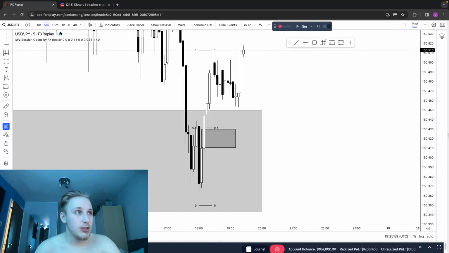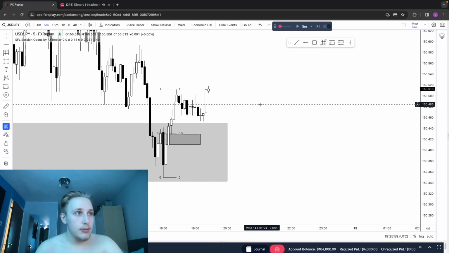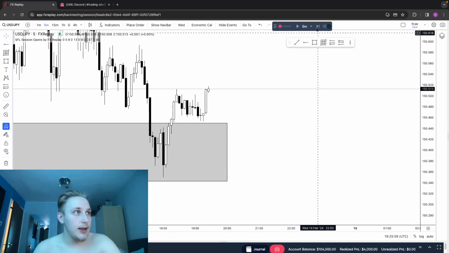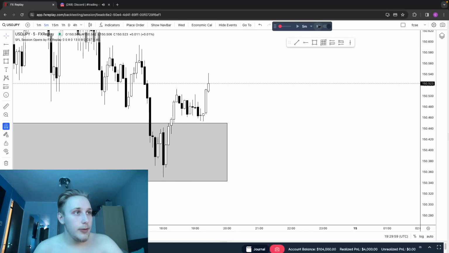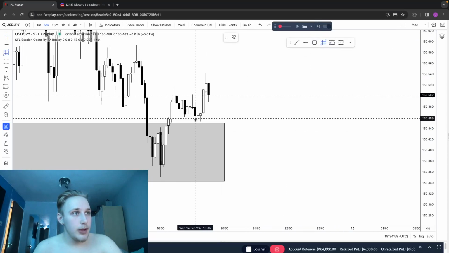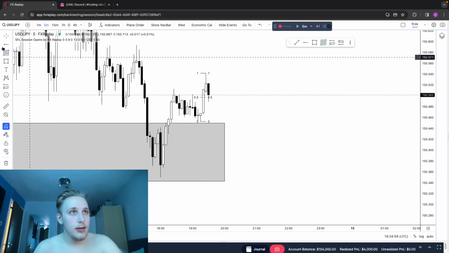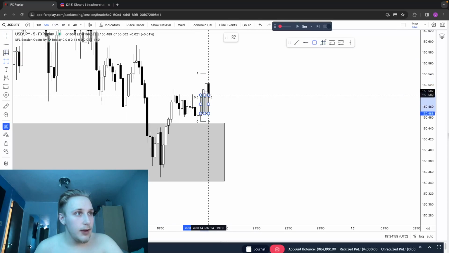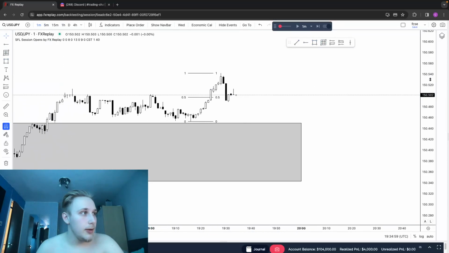So price disrespects equilibrium. Now we're going to wait for new equilibrium to be set, as we have already broke 5-minute structure up. So we've got new equilibrium now from this low to this high. Now if we look, I mean we've already got a 5-minute, but we'll go on the 1-minute just because it is a bit bigger.